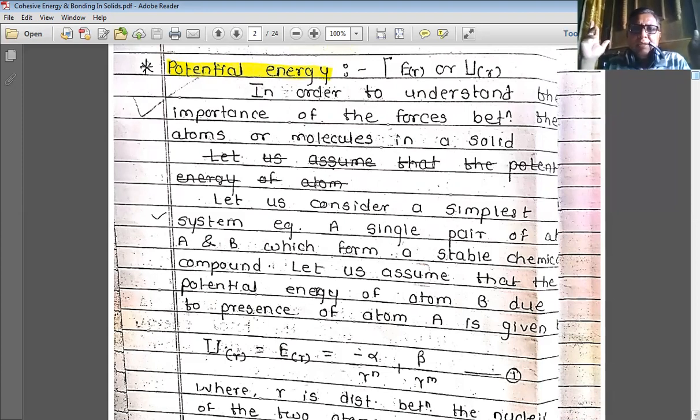Let us assume the potential energy of atom B due to the presence of atom A.